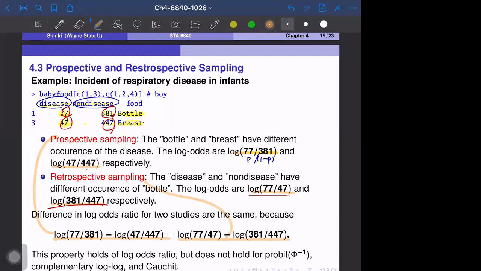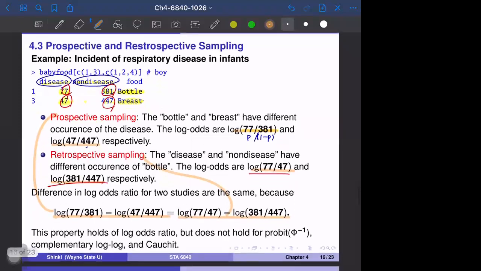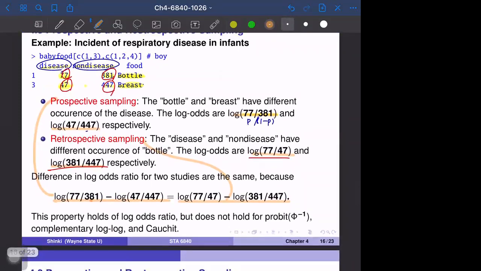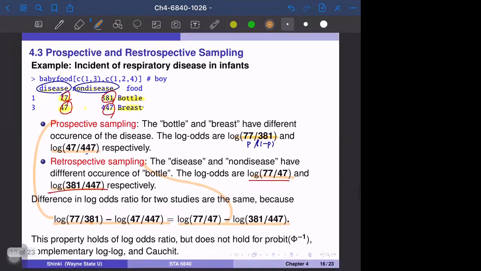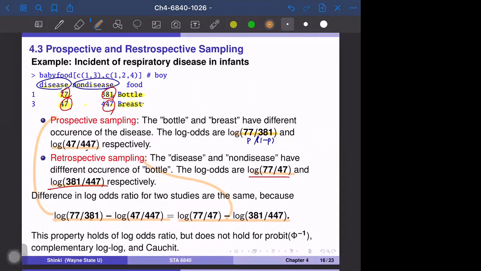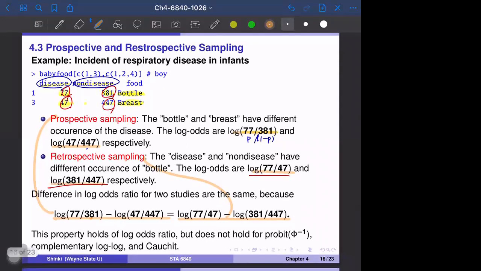So the odds ratio is good to interpret in terms of a kind of interchangeability of the prospective sampling and retrospective sampling. And this kind of interpretation cannot be done if we use other modeling. For example, in a probit model, the log odds ratio does not have any meaning. So logistic regression has another benefit here.